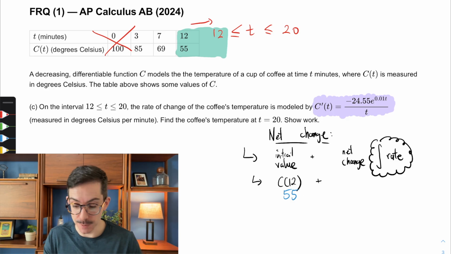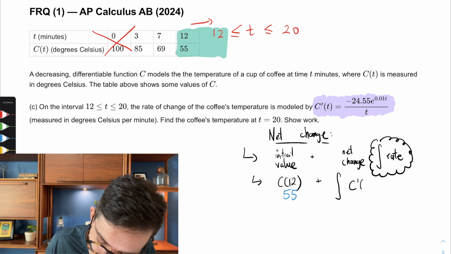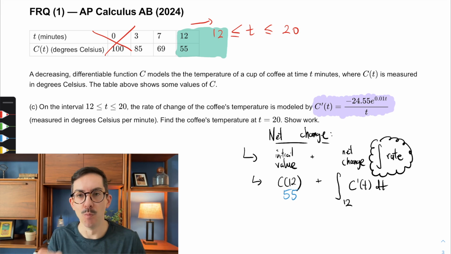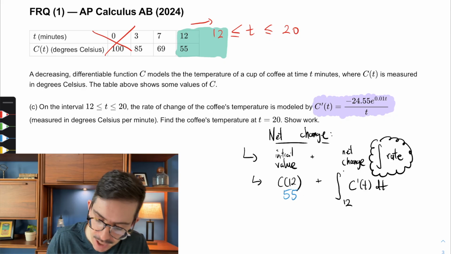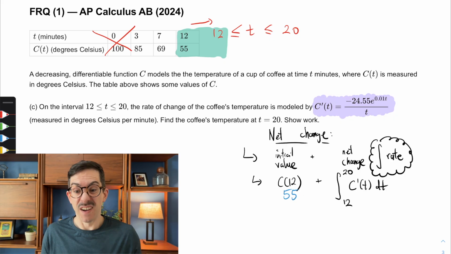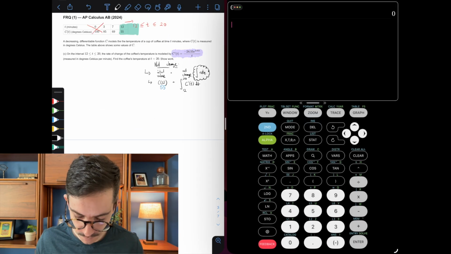So what am I going to type into my calculator? Well, I'm integrating this rate. So I'm integrating C prime of t from t equals 12, that moment where C prime kicks in, up to 20. So to figure out this value, let's pull up our calculator.